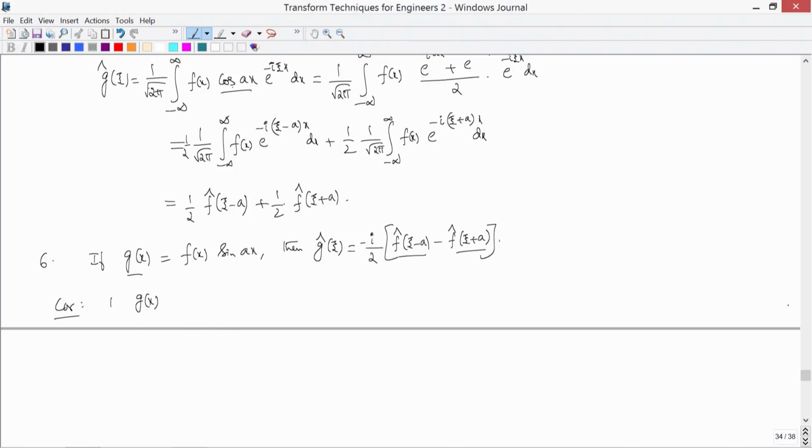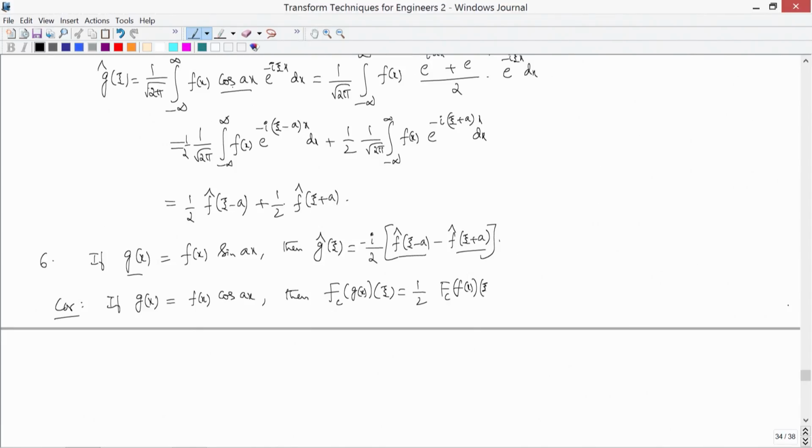If g of x is equal to f(x) times cos ax, then the Fourier cosine transform of g of x is, we will see, half times the Fourier cosine transform of f of x, where now this xi will be changing.